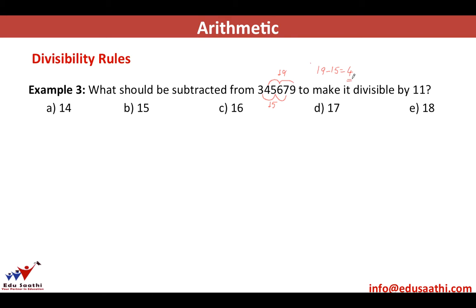That means there is an excess of 4 in this number to make it divisible by 11. So if I subtract 4 from this number, the number that I would get is 3, 4, 5, 6, 7 and 5. This number is divisible by 11. However, I'll have to look at the answer options.